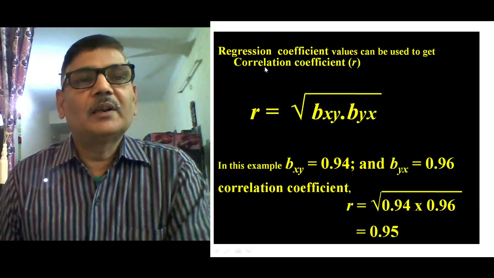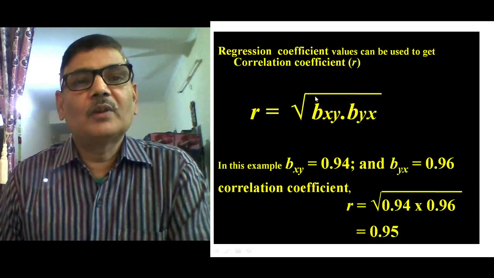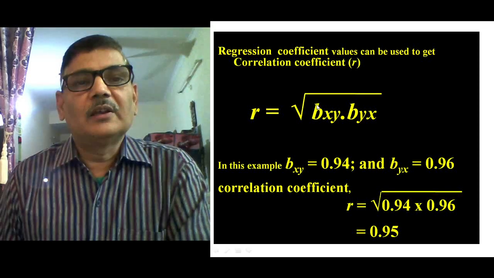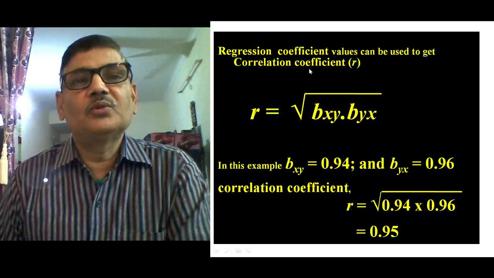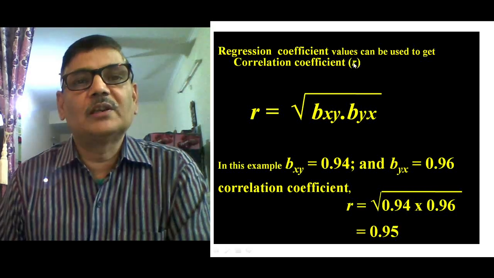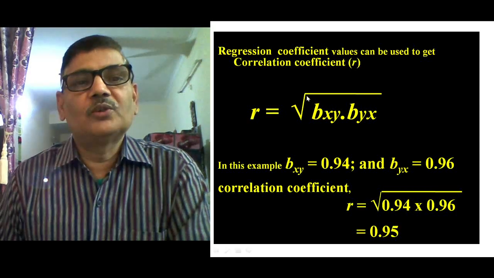Another important thing is that if you are able to get a regression coefficient for both cases, that is x on y and y on x, then you can find out the correlation also, that is r. So regression coefficient values can be used to get the correlation coefficient r, and r is equal to the square root of b x on y into b y on x.